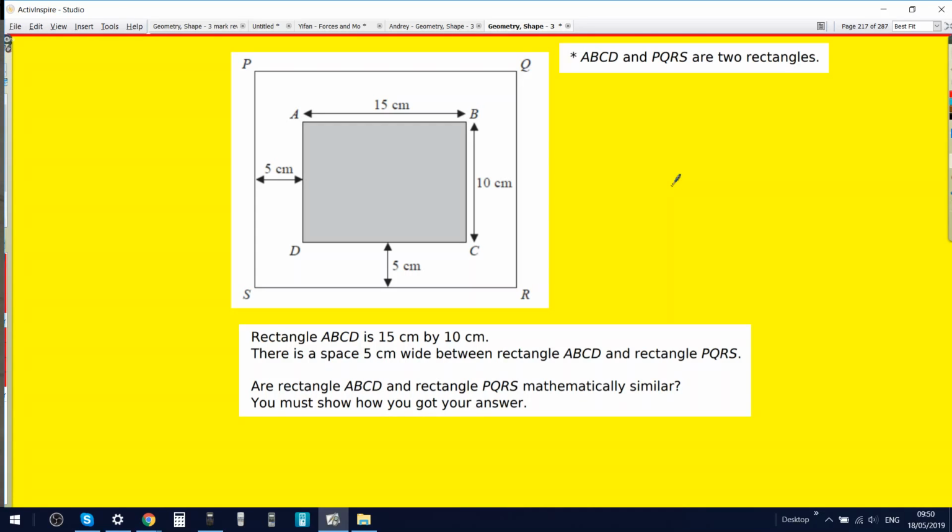So is the length of QR going to be 20 centimeters?